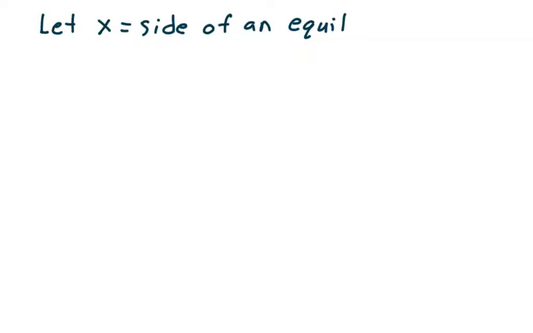Okay, so what we're going to do is let x equal the side of an equilateral triangle. An equilateral triangle just means all the sides have the same length.